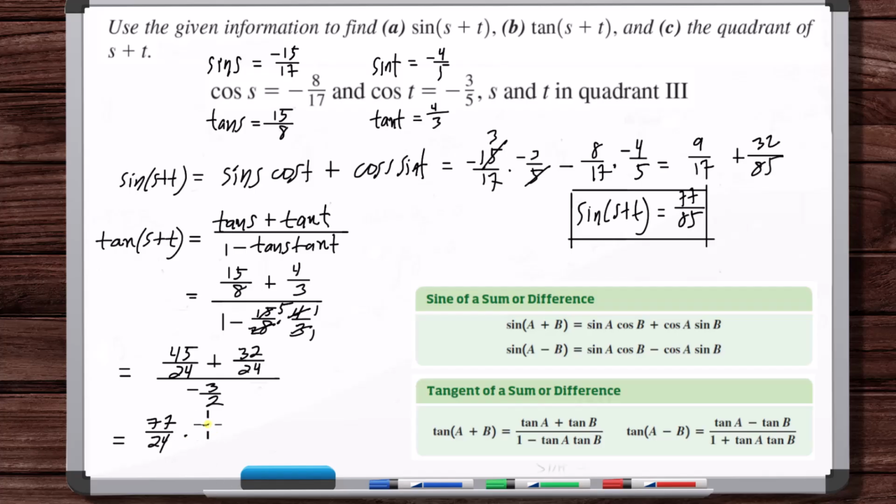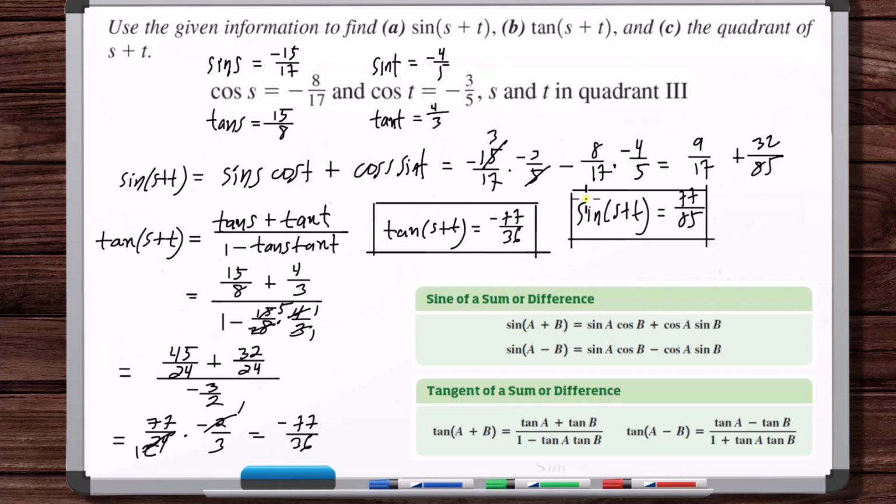Now times minus 2/3. So 24 divided by 2. So that's minus 77 over 36. Okay, so tangent of s plus t is equal to minus 77 over 36.